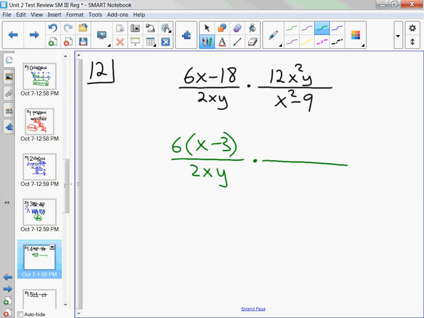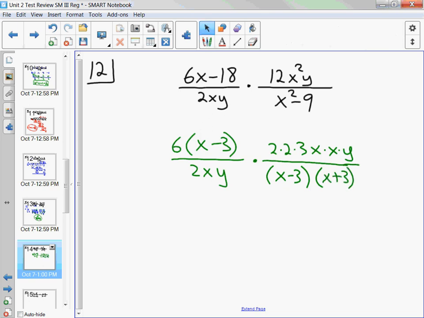And then, on the top of this next one, we can break down 12 into 2 times 2 times 3. I'm going to break the x squared down to x times x, and then I have a y. And then in the bottom, x squared minus 9 factors to be x minus 3, x plus 3. Once again, a difference of two squares.